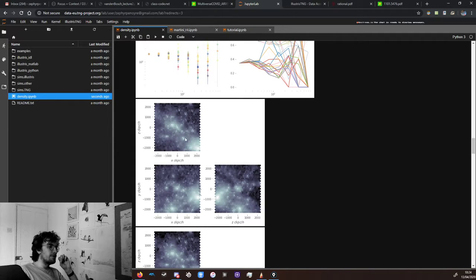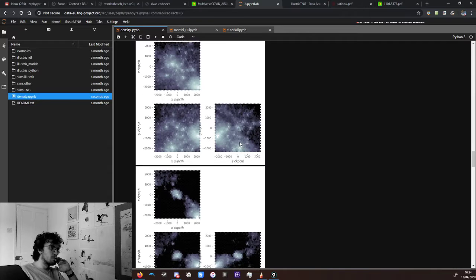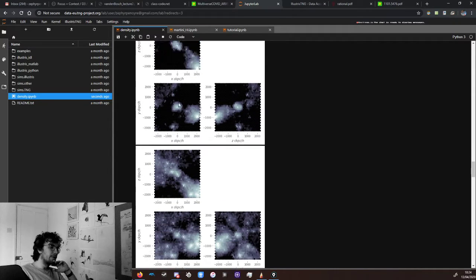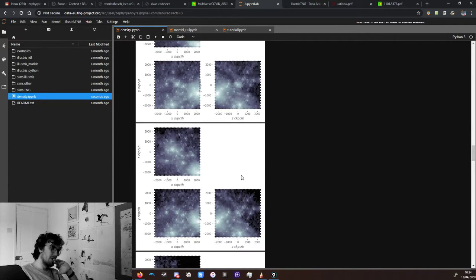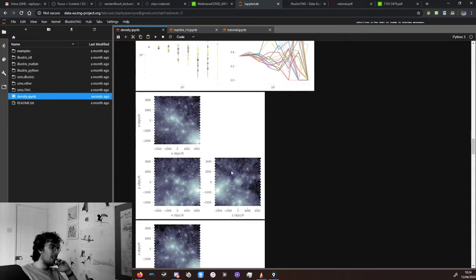So this is a very dense region. God, it still works beautifully. It really works. I'm kind of amazed that it works so well.